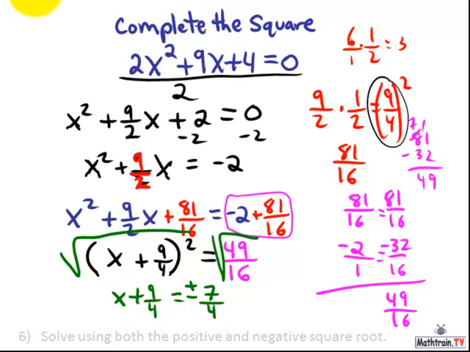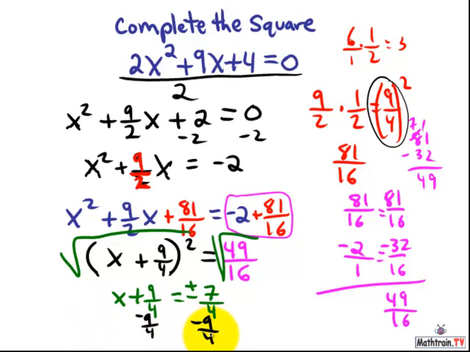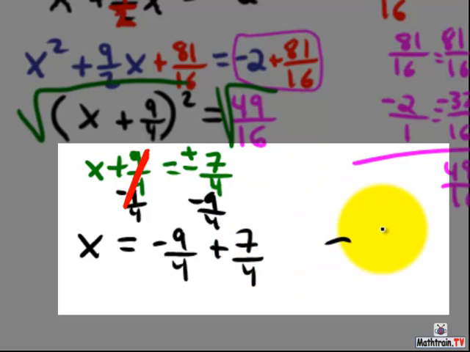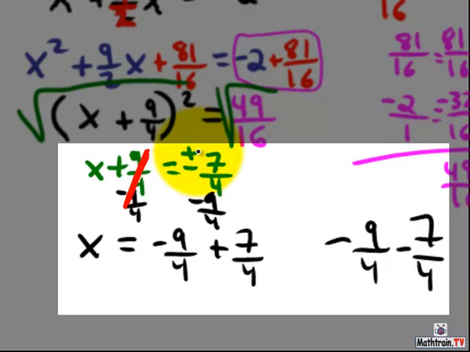So we have x, and we're going to subtract the 9 fourths from both sides. Now I have negative 9 fourths plus the 7 fourths, and negative 9 fourths minus the 7 fourths. And I have to deal with those two numbers.